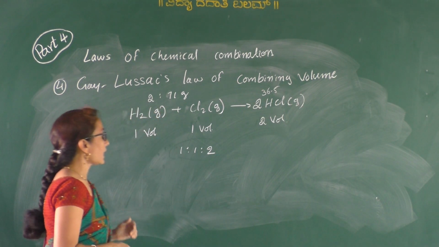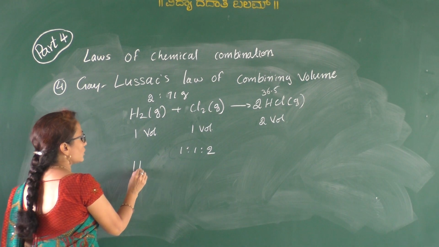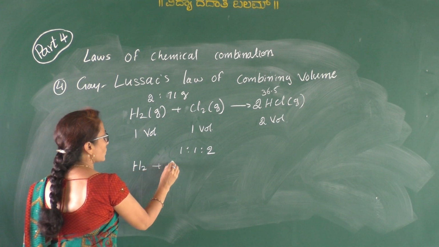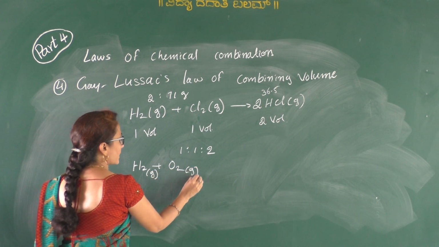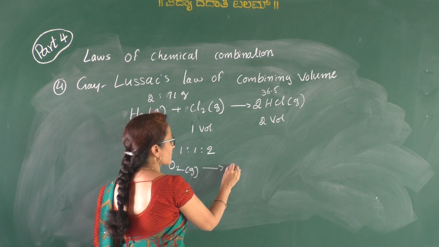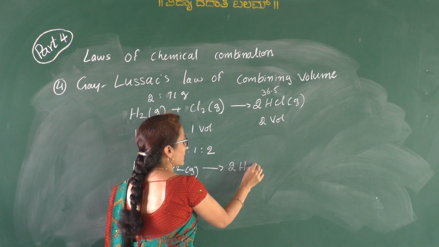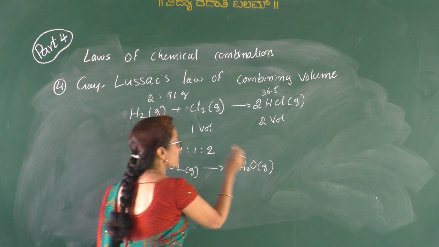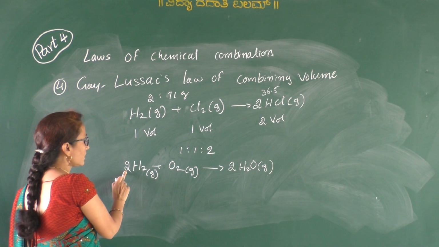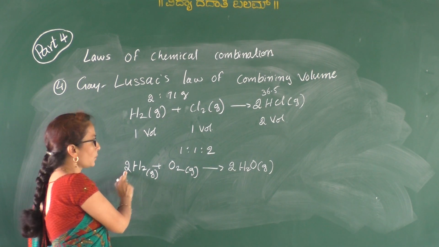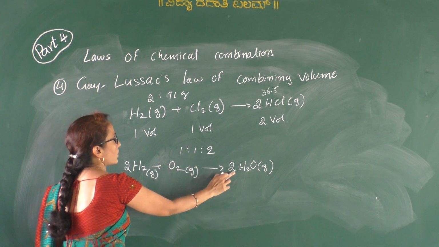Clear? So now take another example. Hydrogen combines with oxygen. Hydrogen is a gas, oxygen is also a gas, and it forms water vapor. In this one, the stoichiometric coefficient for hydrogen is 2, for oxygen it is 1, and for water it is 2.